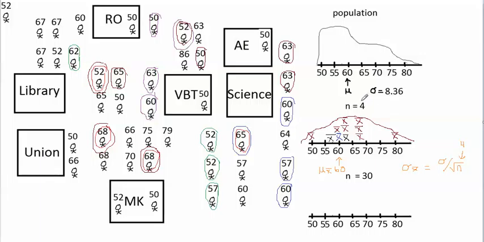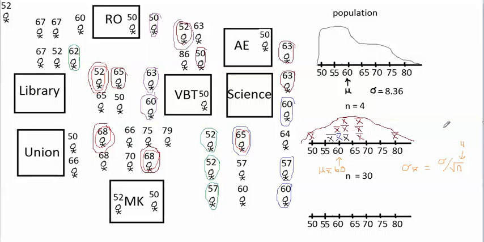If you take a bigger sample size, if you take a bigger sample from the population, then the possible samples will have less dispersion, because larger samples tend to be more accurate. When you take a large sample from a population, the sample mean tends to be closer to the population mean and more accurate.